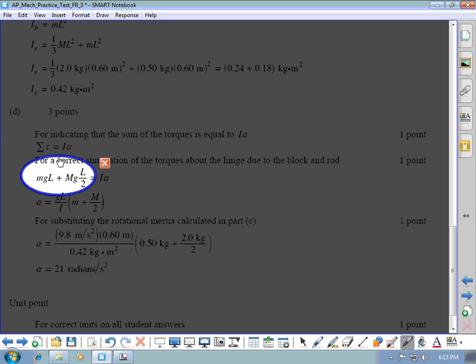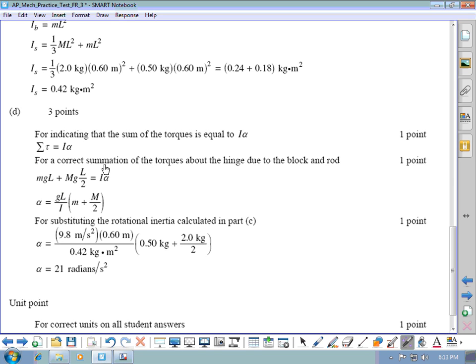So that was the 8.82 newtons that we had on the previous slide. And then it was 1 point for solving for alpha. So substituting in the rotational inertia that you had calculated, you go through and get our answer of 21 radians per second squared.